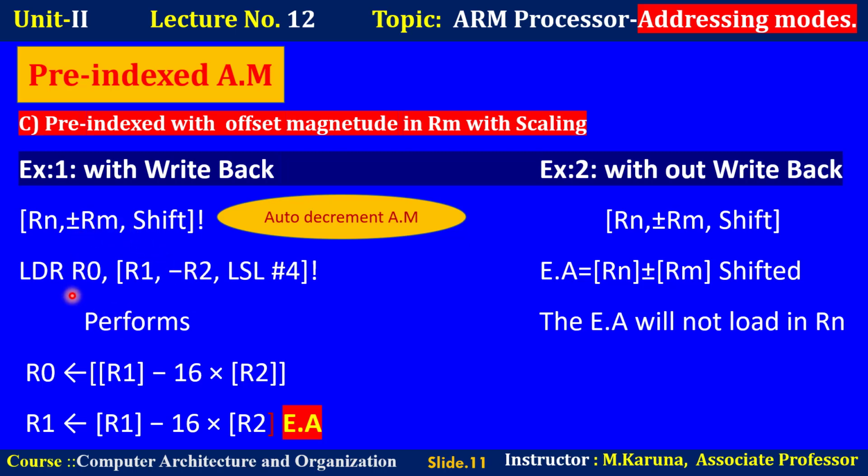Let us see how it performs. This instruction computes R1 minus 16 times R2.